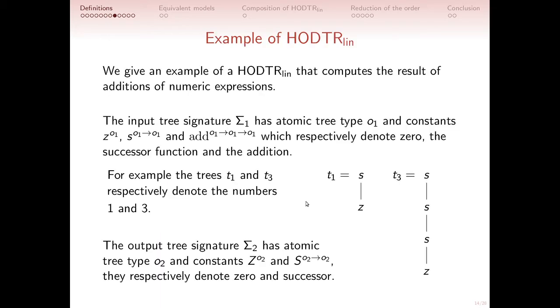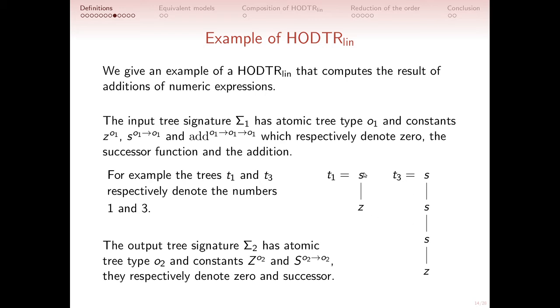So as an example, we will try to compute the addition by coding numbers with trees. So we have a successor constant of arity 1, like this, and a 0 constant of arity 0.